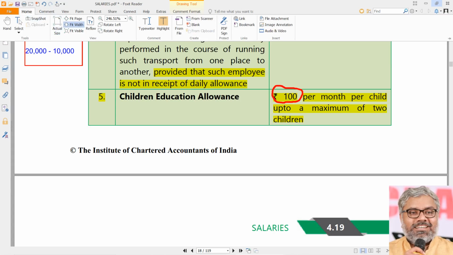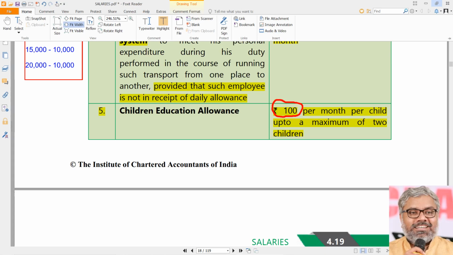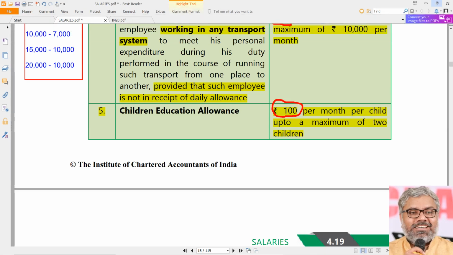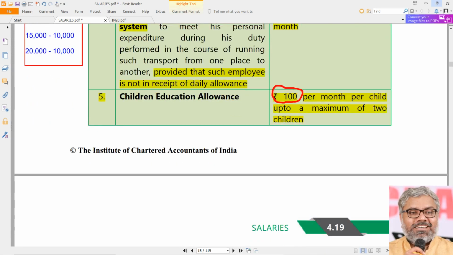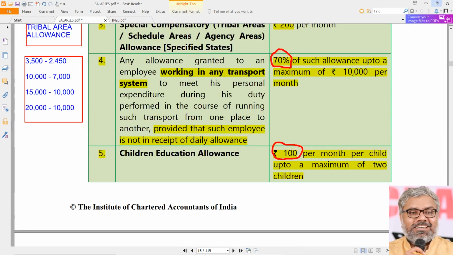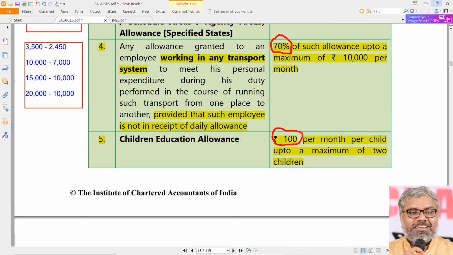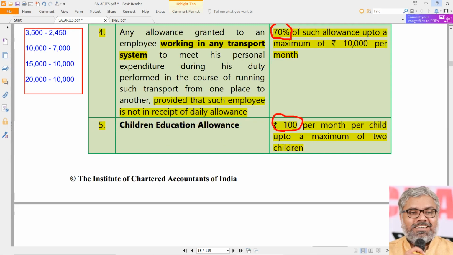So if an employee has 2 children, 200 rupees per month can be claimed as exemption for the education of the children. That is the biggest comedy. Nowadays, with this 100 rupees per month exemption, the government is being very liberal. The children may be finishing that 100 rupees in a few days. Whether this allowance is given by employers to employees is their choice.